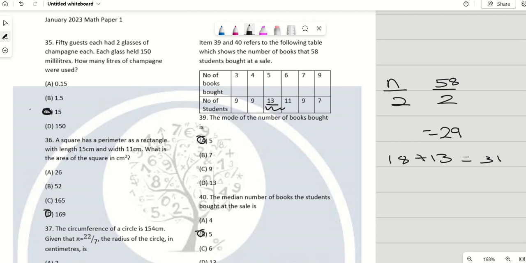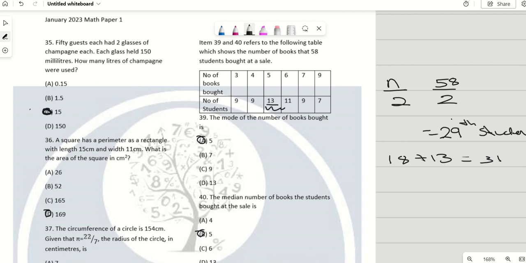Again, let me just try to explain it. We want to know where is the median. This is the number of students, but they're asking for the median number of books. So we have to find the median student. The median student would be n divided by 2, which is the total number, 58 divided by 2, which is 29. So we're looking for the 29th student.